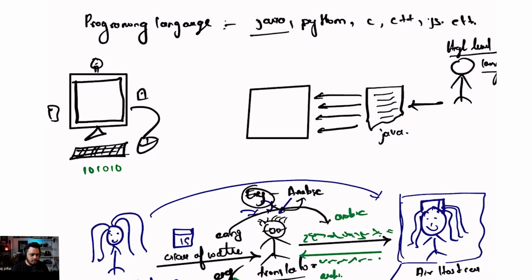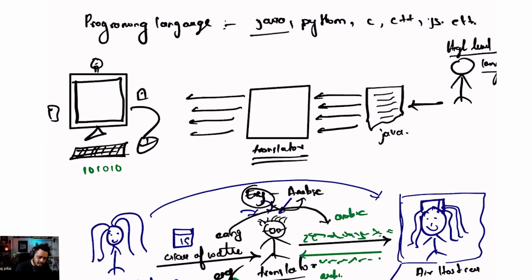What should this guy be able to do? Translate, right? So we need a translator, to bridge the communication gap between the programming language used by the programmer and the ones and zeros.